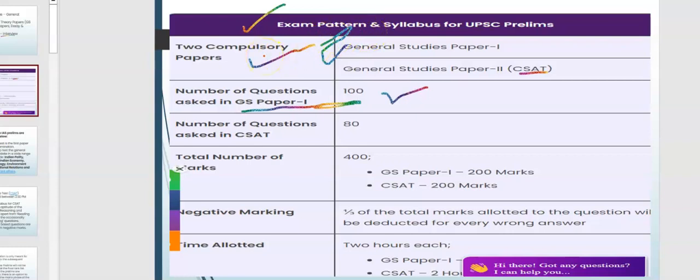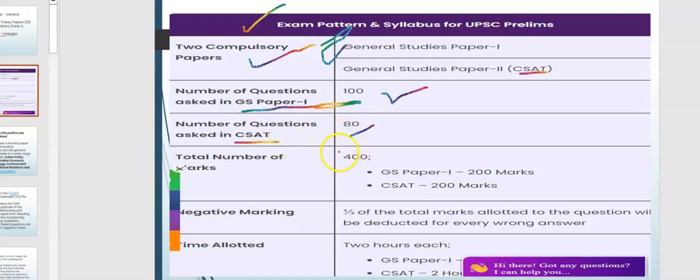There would be 2 compulsory papers, General Studies Paper 1 and General Studies Paper 2, that is GS Paper 1, GS Paper 2. Then the number of questions asked in Paper 1 would be 100. In totality, you will be having 100 questions in your GS Paper 1. Then the number of questions asked in Civil Services Aptitude would be 80.